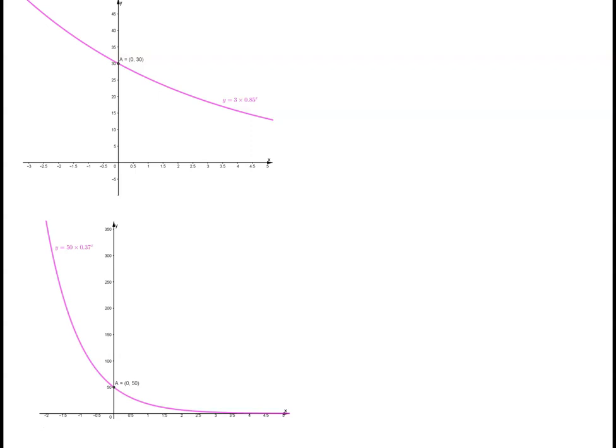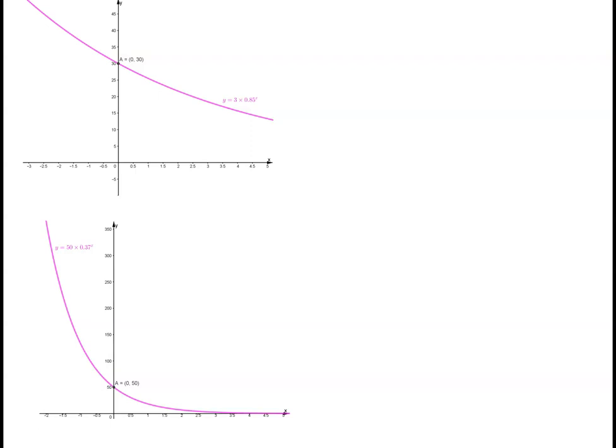And if we have the graph of y equals 50 times 0.37 to the power x, again we have an exponential decay graph, and the graph is crossing the y-axis at the point 0, 50.